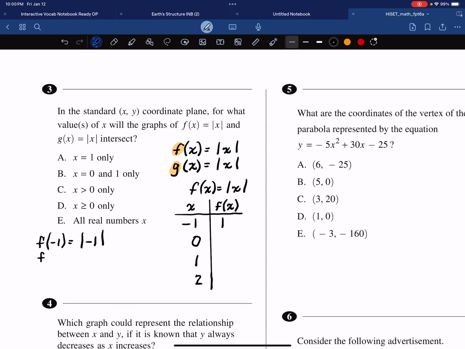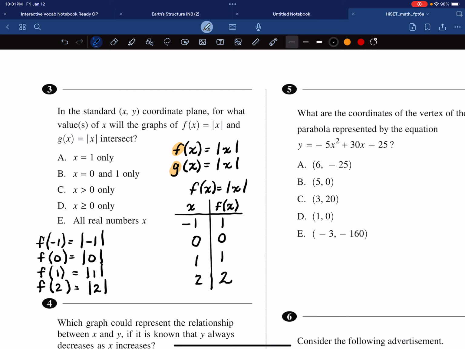If x is 0, the absolute value of 0 is 0 because it's no spaces from itself. When x is +1, the absolute value of +1 is 1. And when x is 2, the absolute value of +2 is 2.